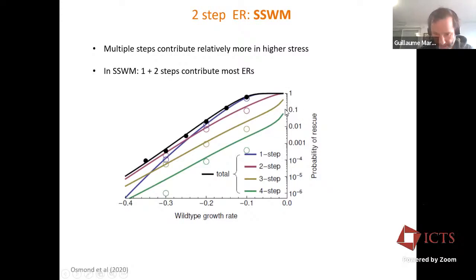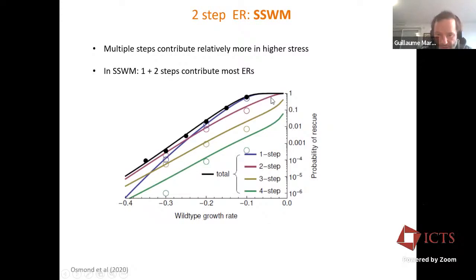So what you can see here is that as long as your decay rate, your stress level, is not too large, most rescue comes from one step. At all growth rates, rescues are mainly done by 1 or 2 steps, meaning that those lines, the 3 and 4 steps, are always some logs below the 1 or 2 step, at least the 2 step. So the 3 and 4 don't need to be followed, at least in this parameter range that we use.